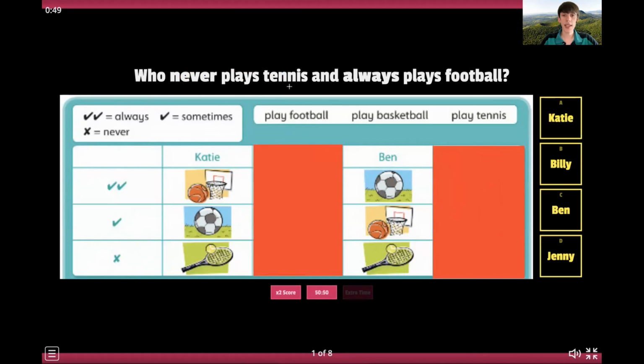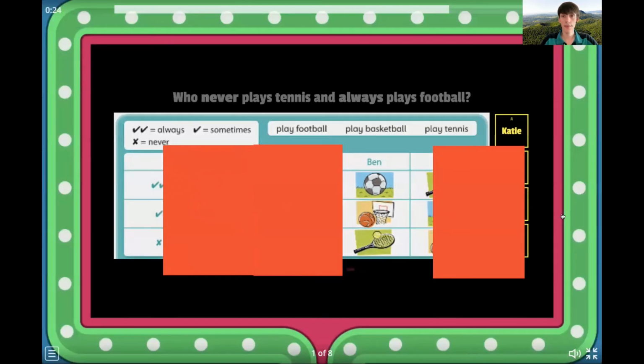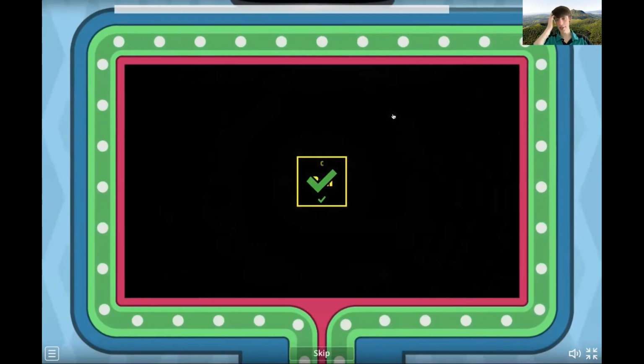Who never plays tennis and always plays football? Does Katie always play football? No, she always plays basketball. So is it Katie? No, it's not Katie either. The right answer is Ben. Yay, we get 1 point.